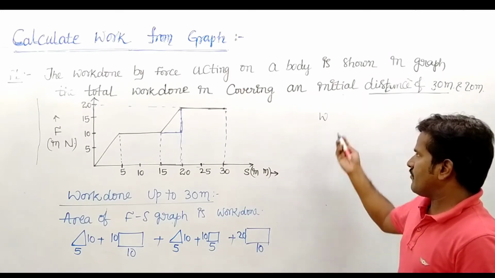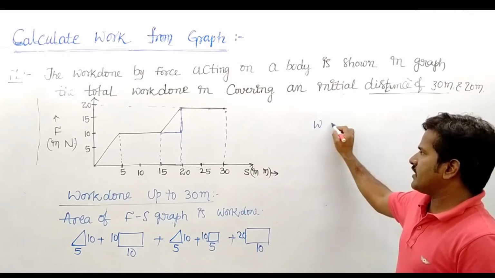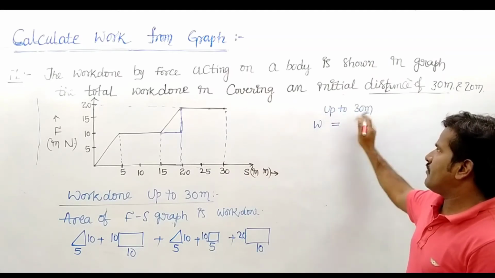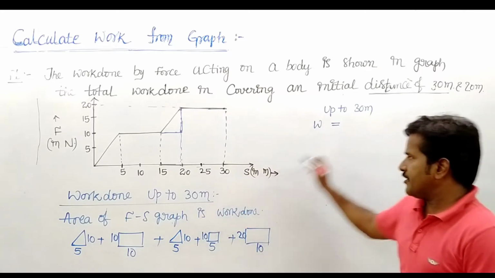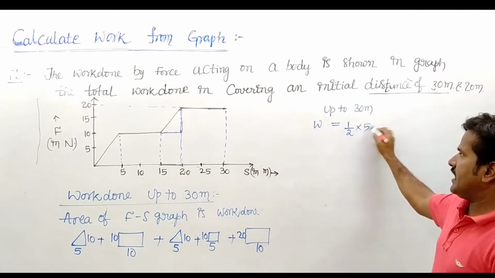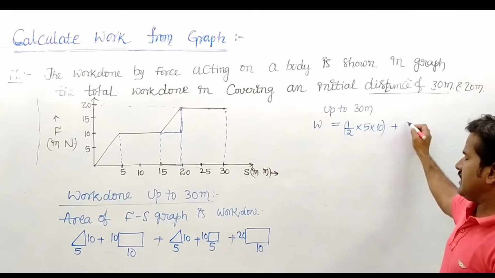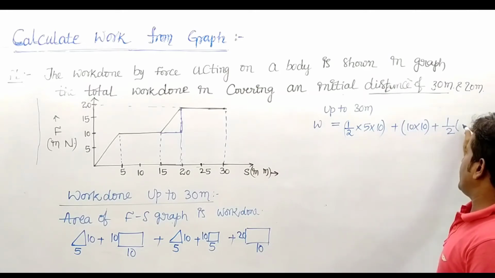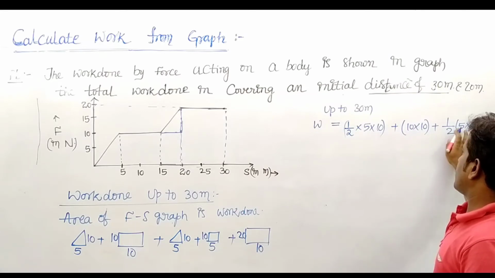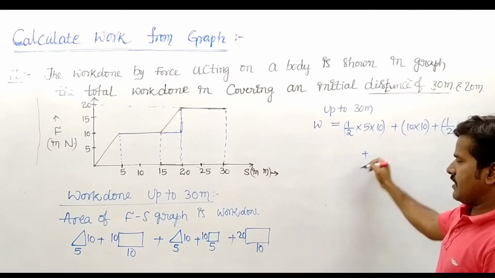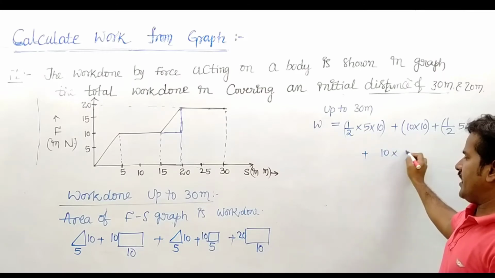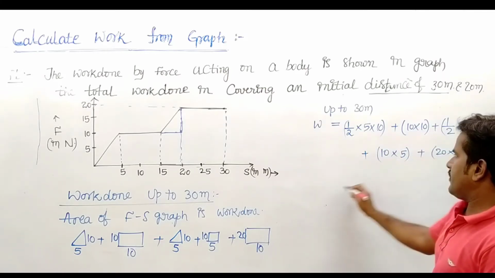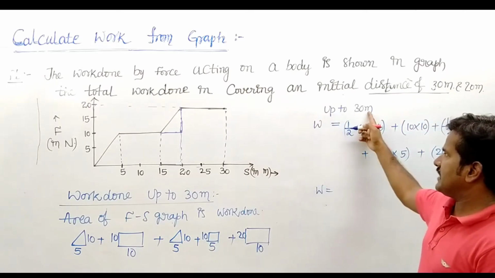That value becomes the work up to 30 meters. So in this condition the work done becomes half base into height, half of 5 into 10, plus 10 into 10, plus half 5 into 10, plus 10 into 5, plus 20 into 10. So this is the work done up to 30 meters.